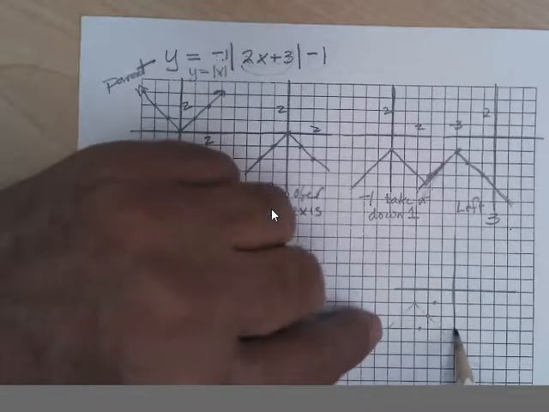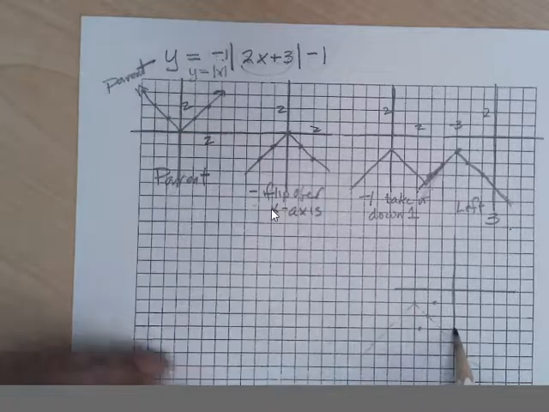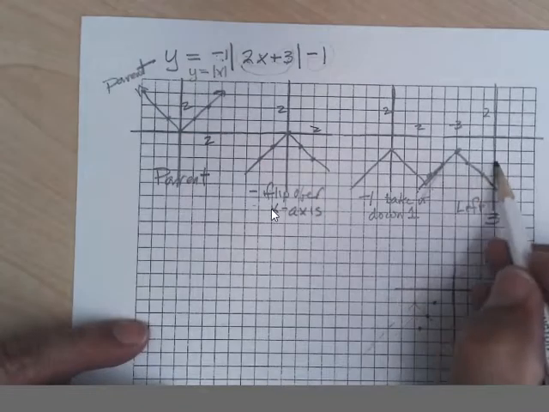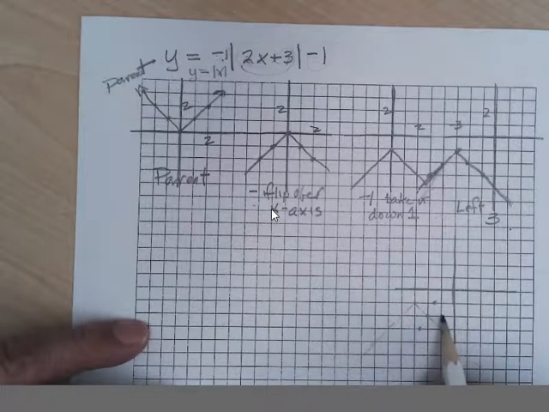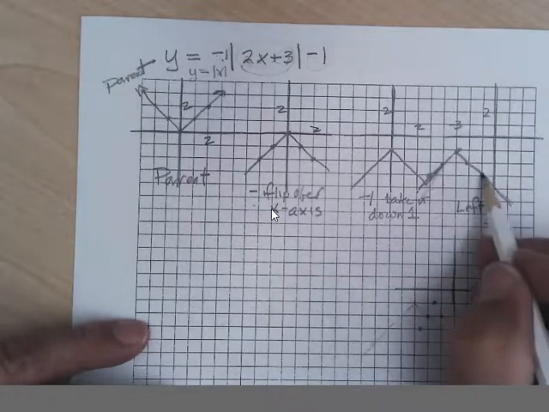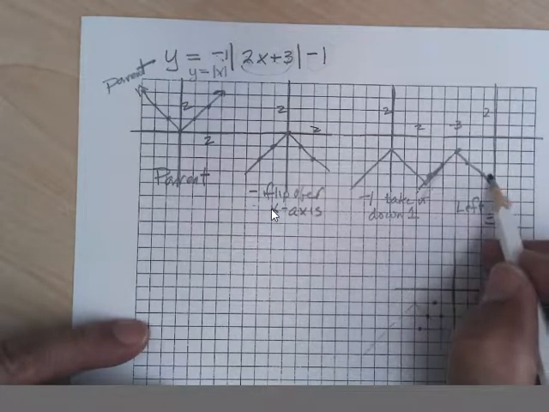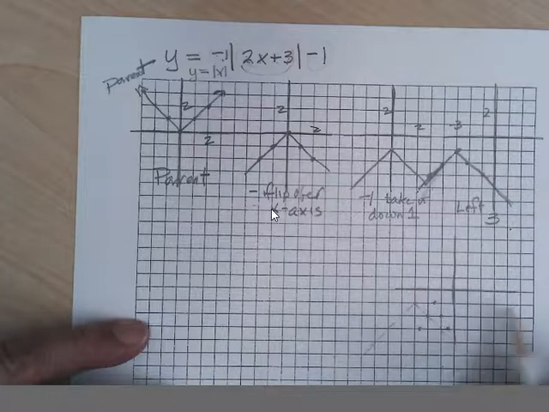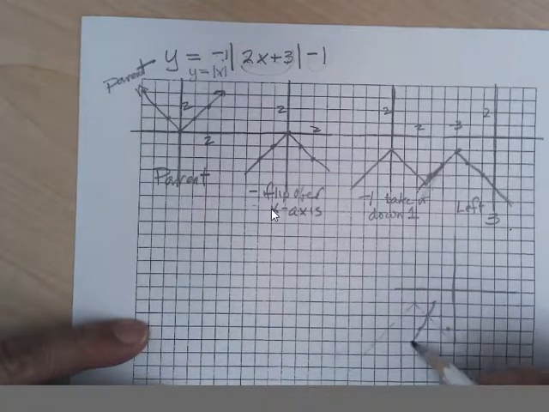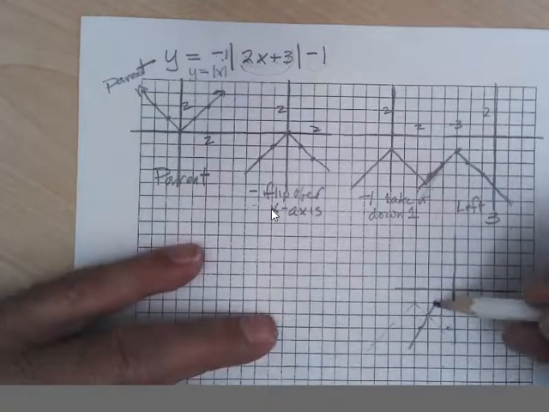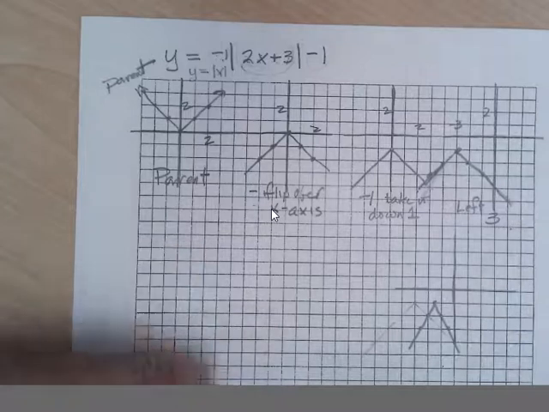That's half of 5, 2 1/2. This point, which was only 2 away, gets moved to 1 away, half as far away. This point that was 1 away gets moved to half as far away. And there is where the new one is.